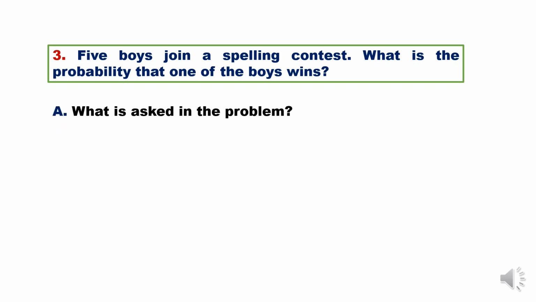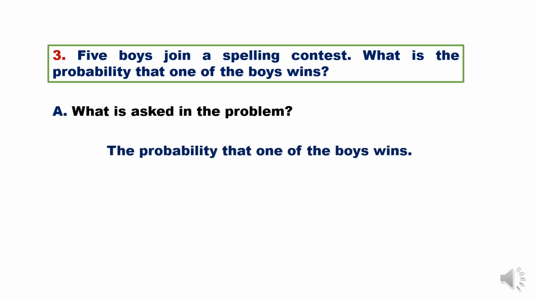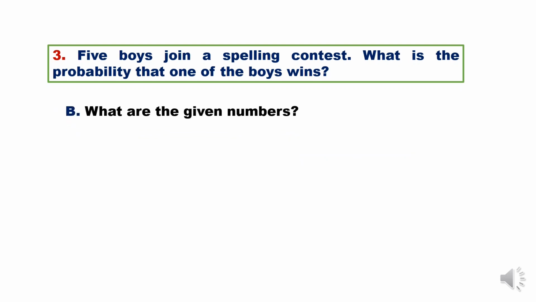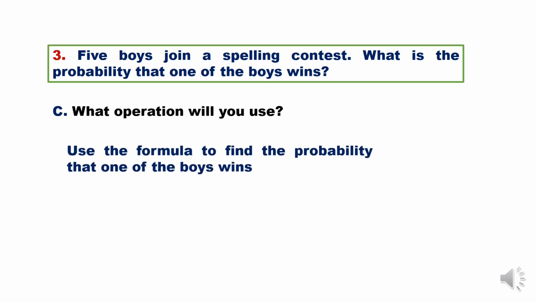What is asked in the problem? The probability that one of the boys wins. What are the given numbers? There are 5 boys. What operation will you use? Use the formula to find the probability that one of the boys wins.